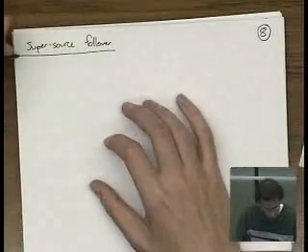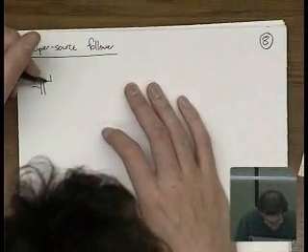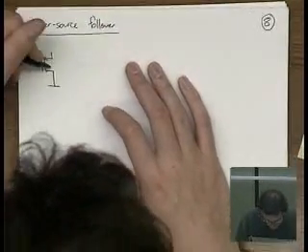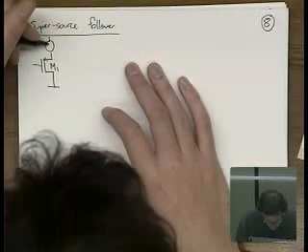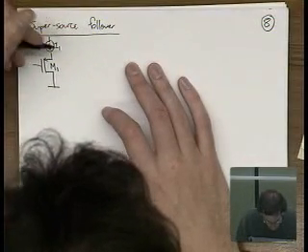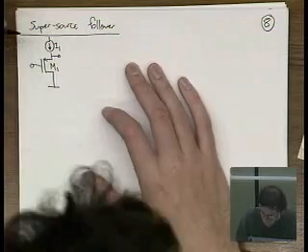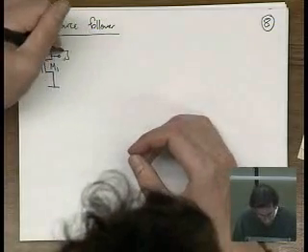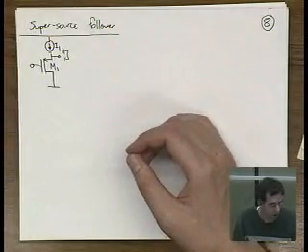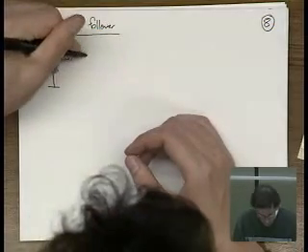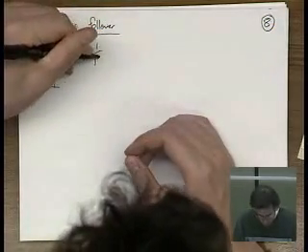So what we know is that for a standard source follower, R out equals 1 over GM.